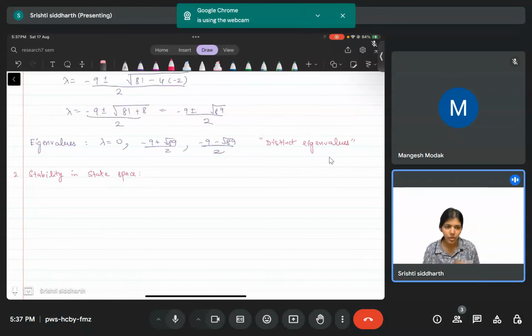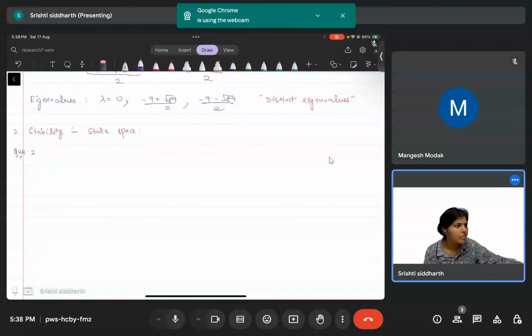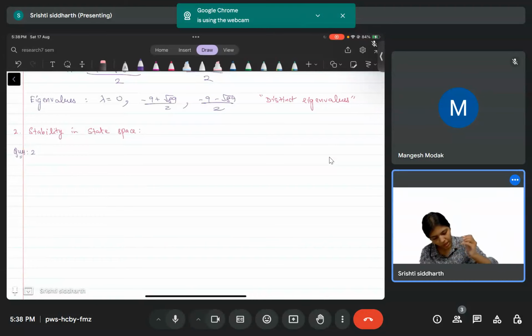We determine the stability of the state space model by looking at the eigenvalues of the A matrix. So let's see. Our system has a state space model.